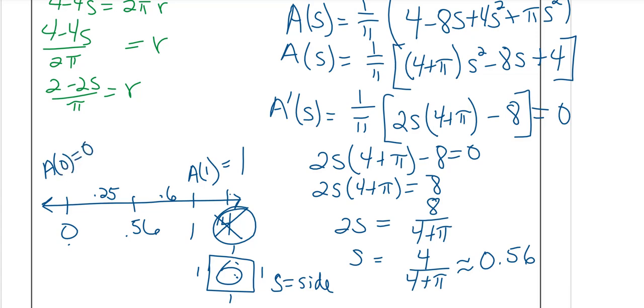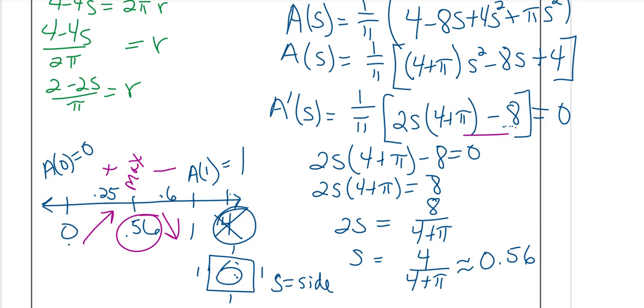If I use 0.25 in my derivative over here, I get a negative number. Oh, I'm sorry, wait. 0.25, I get a positive number, so this is increasing. If I put 0.6 in here, I get a negative number, so it's decreasing. So I have a max here. But I've got to find out what that value is.